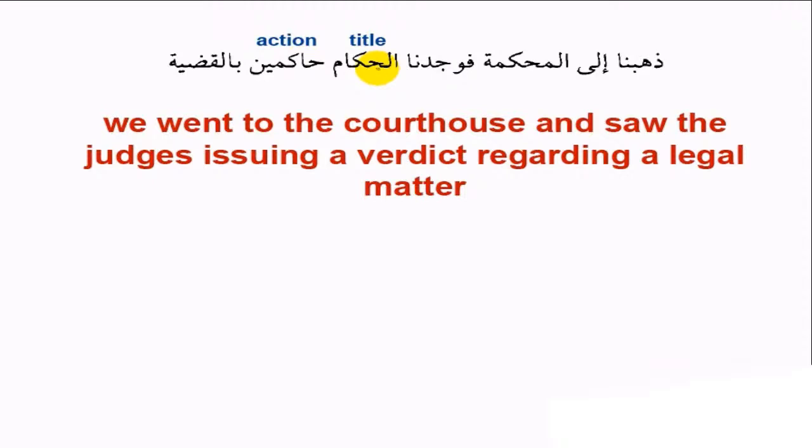That is incorrect to say that. Now here حاكمين is mansub, and this is because it's coming as an attribute to al-hukam. So it was possible actually to say وجدنا الحكام يحكمون بالقضية, using the verb, but here the ism is being used, and that's done for more emphasis.